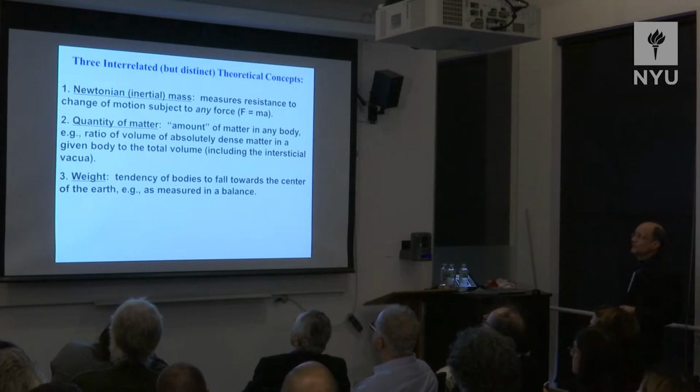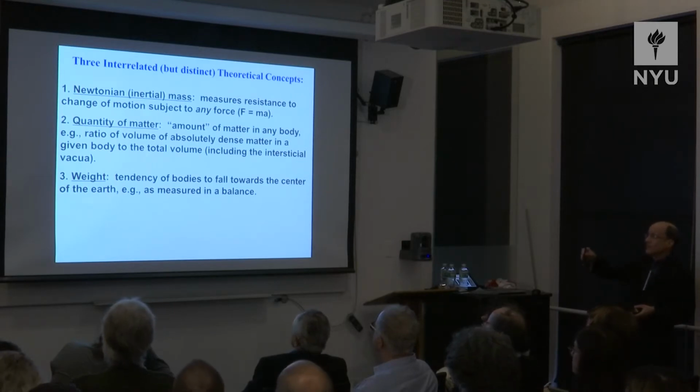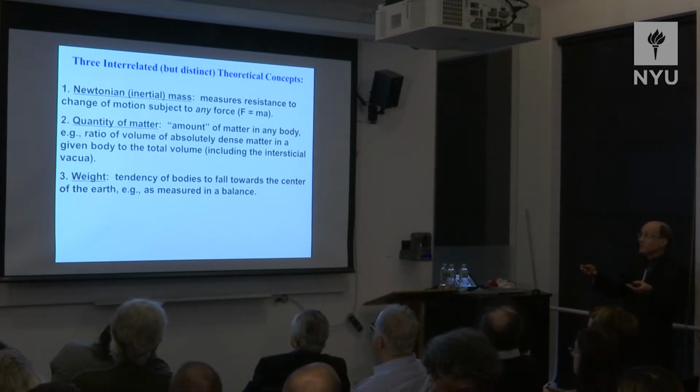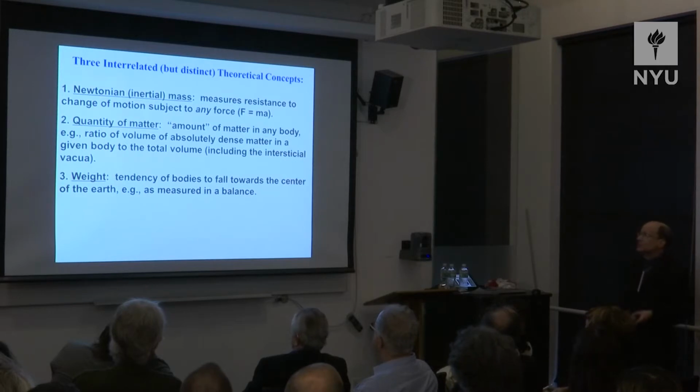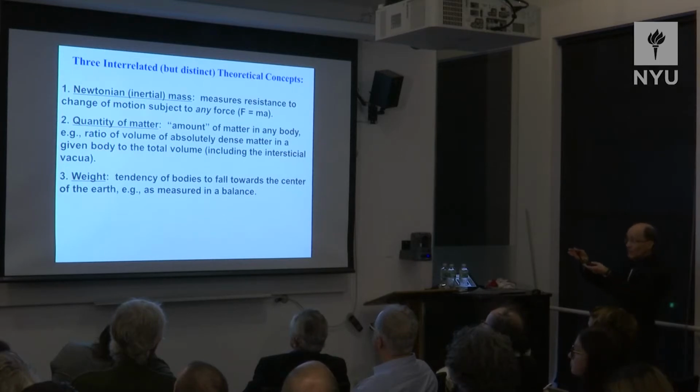Weight is also very familiar, and that's the tendency of bodies to fall towards the center of the Earth as measured in a balance. This just comes from statics. It goes back to Archimedes and the theory of machines, and it existed way before Newton. It doesn't have to do with the theory of motion. And weight, the way we think of it here, is relative to the Earth, right?